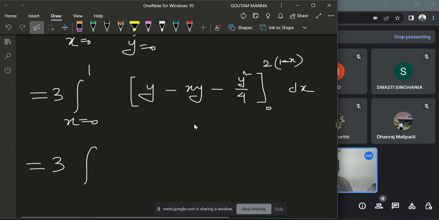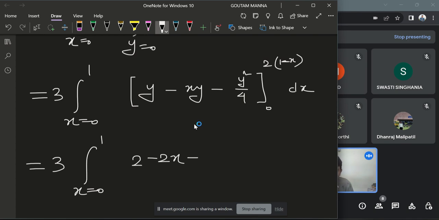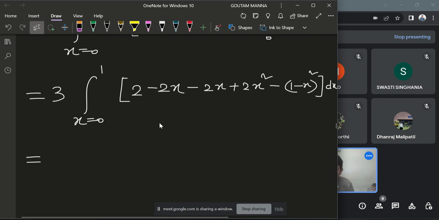3 times, x from 0 to 1. If I put the upper limit, it will be 2 minus 2x minus 2x plus 2x square, and this term will be minus (1 minus x) whole square, dx, x from 0 to 1.